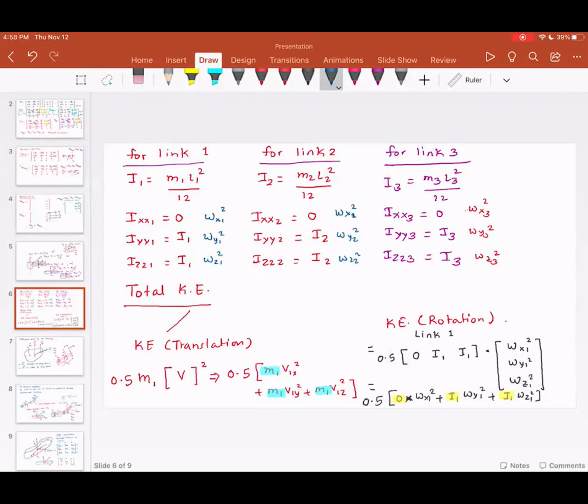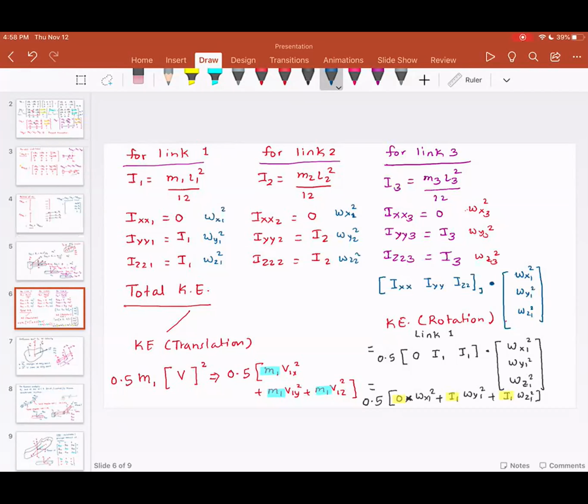So when you are trying to find the kinetic energy of rotation, you should have Ixx, Iyy, Izz for that particular link, say link number 1, take a dot product with omega x1 square, omega y1 square, omega z1 square, and then multiply that by 0.5. This is something that we will use when we solve the problem.